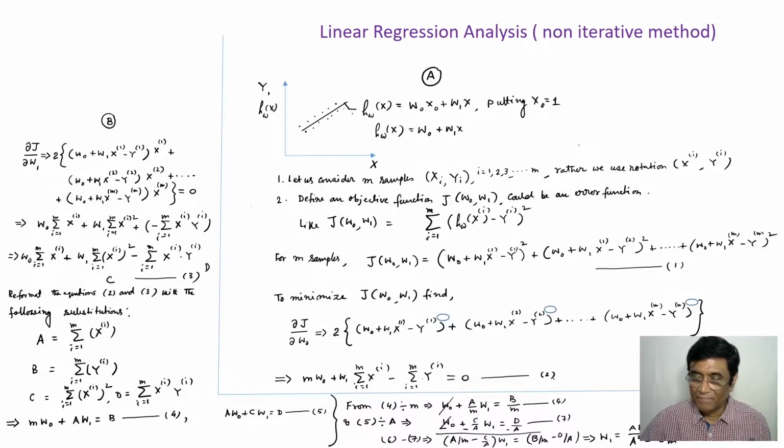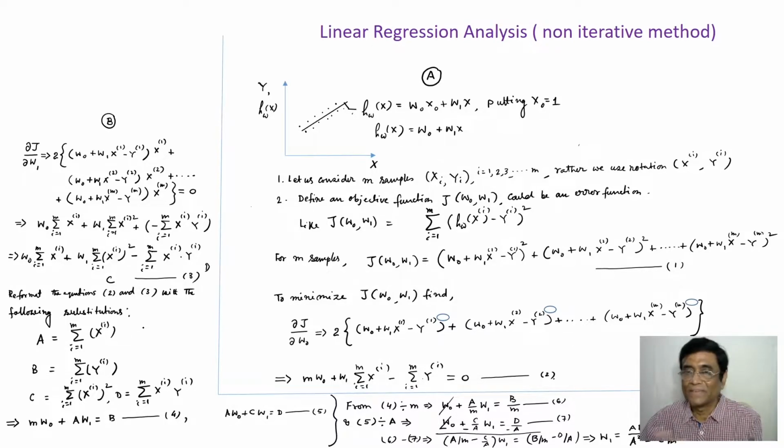Then subtract 7 from 6, and this is gone. So this is a very simple method, the elimination method. So you will get W1 immediately. W1 in terms of the samples and nothing else.